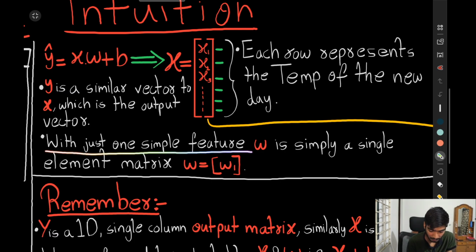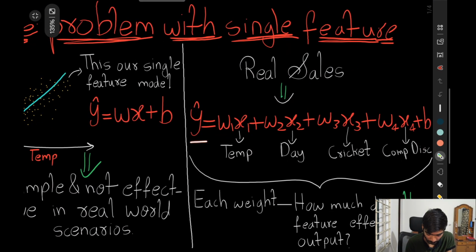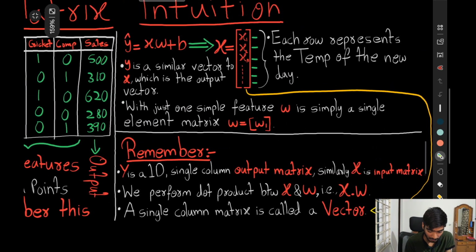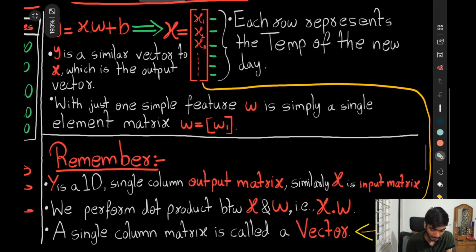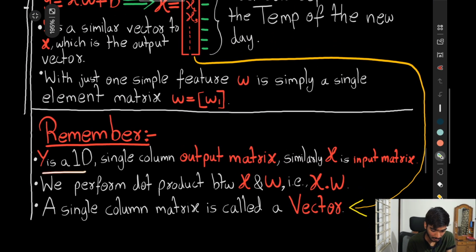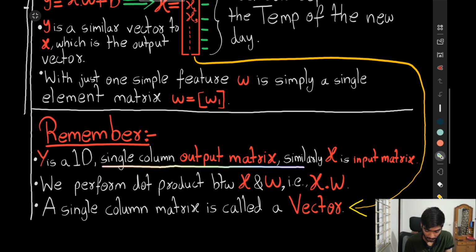With just one simple feature, w is simply a single element matrix with w1. In our multiple feature case, we have 4 weights, so w will be a matrix with 4 elements in it. Remember, y is a one-dimensional matrix same as x, a single column output matrix. Similarly, x is the input matrix.